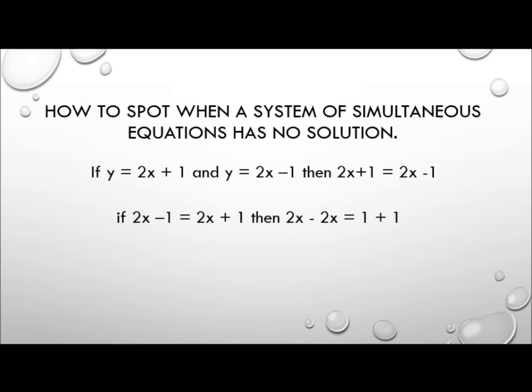So if 2x minus 1 is equal to 2x plus 1, then 2x minus 2x is equal to 1 plus 1. Combining like terms then, 0 is equal to 2.